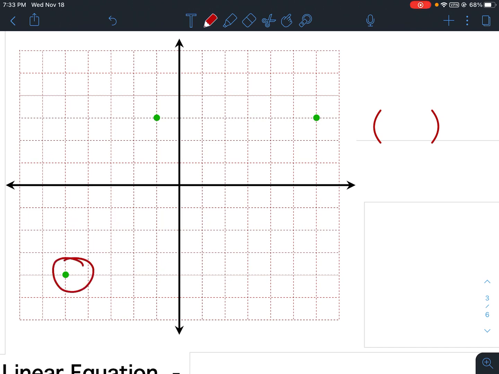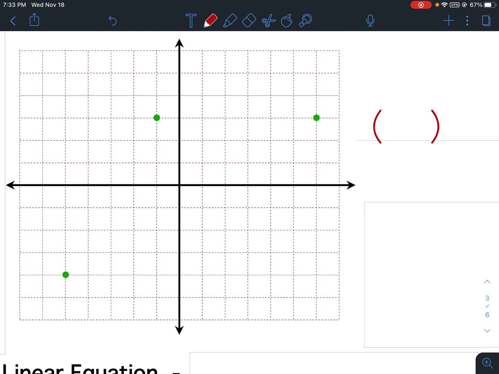This point down here is (-5, -4). I would use the bottom left corner and go over 2, up 2 to check it. And then this last point right here is (6, 3). So maybe check over 1, down 3 from the corner there.